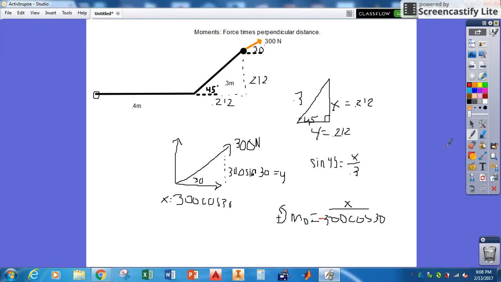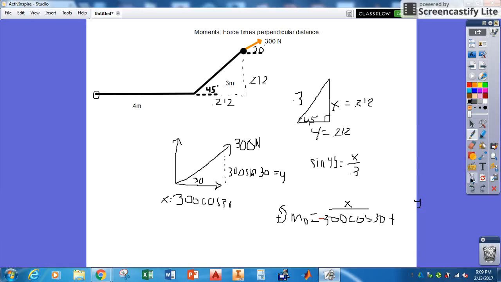Since there's only one x force, that's all we have to do for the x's. Now we need to add our y force to it. Our y is going up, and if we pull up, it's going to start going like this, and that is counterclockwise, which is positive. So it's 300 sine 30 up.